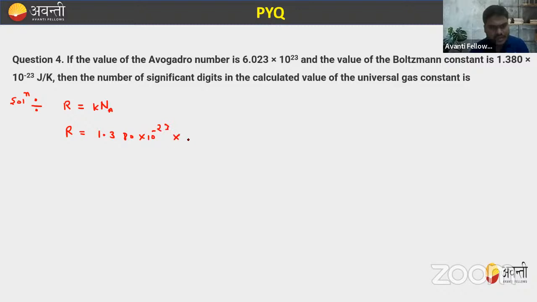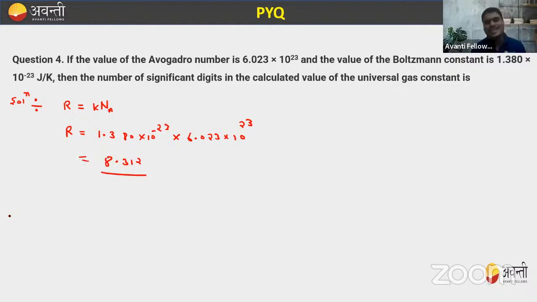This is the value of K. The Avogadro number is 6.023 into 10 raised to the power 23. So that is 1.380 into 10 to the power minus 23 multiplied by 6.023 into 10 to the power 23. On solving, R comes out to be 8.312.